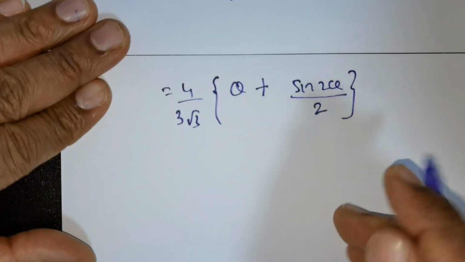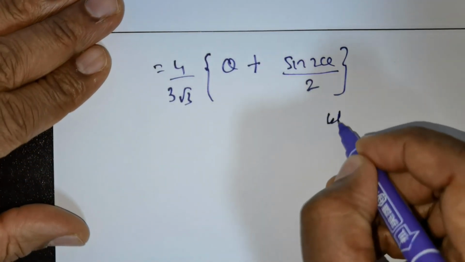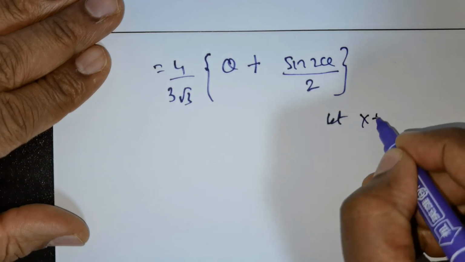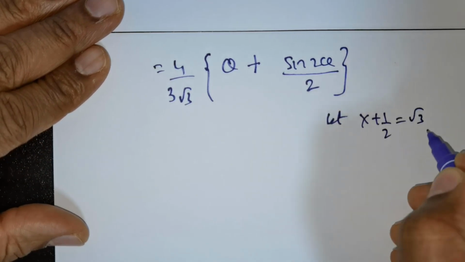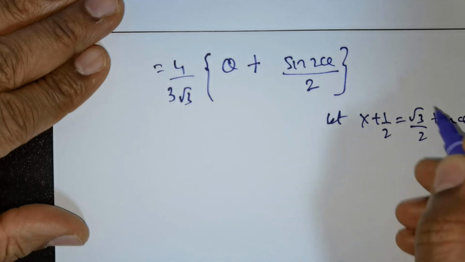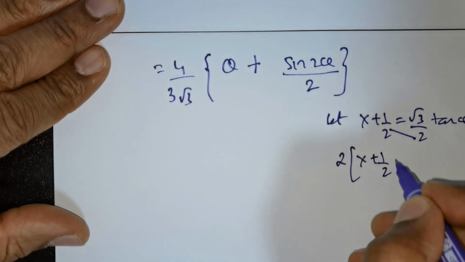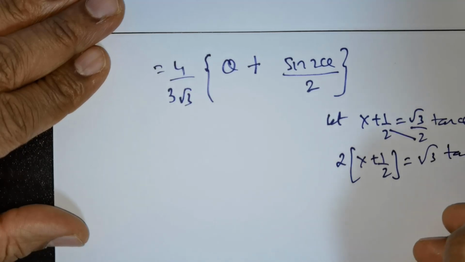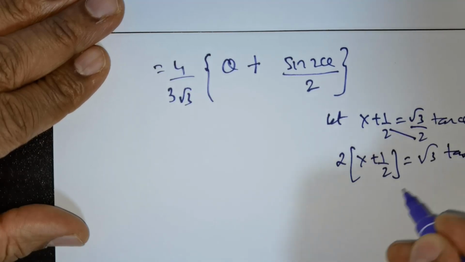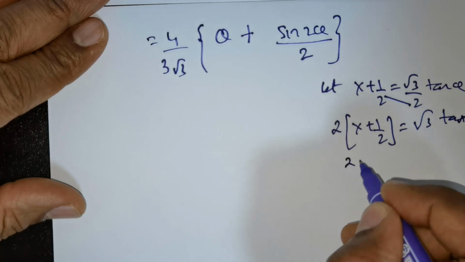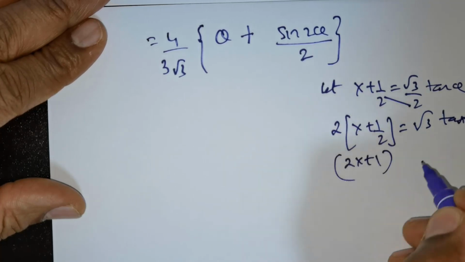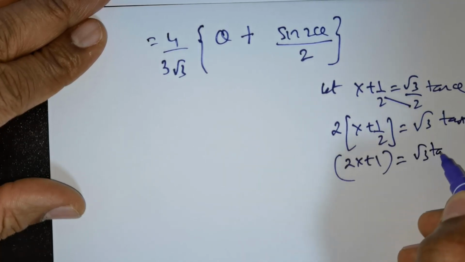But we started with this substitution. What is the substitution? We took let x + 1 over 2 be equal to root of 3 over 2 times tan theta. We need theta, so you cross multiply. So this is going to be 2 times (x + 1 over 2) is equal to root of 3 times tan theta. You distribute 2 inside, you get 2x + 1 is equal to root of 3 times tan theta.